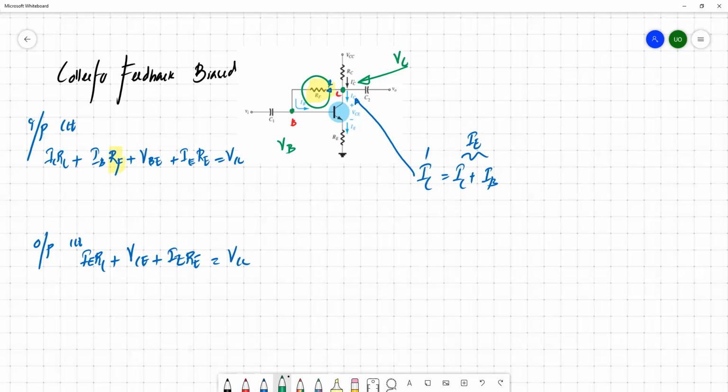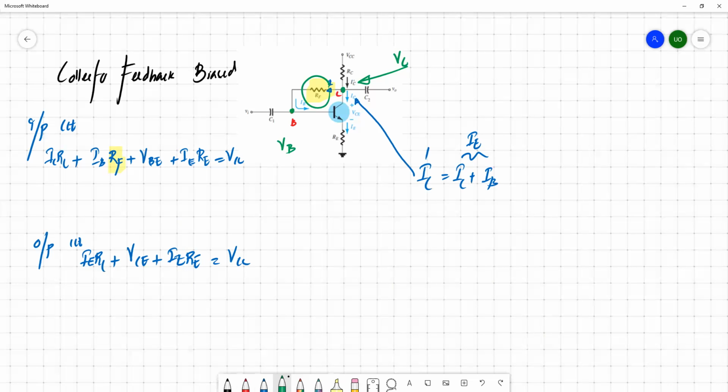So this is again a kind of stable feedback mechanism, and we can use this collector feedback mechanism commonly in our biasing circuits. By applying Kirchhoff voltage law and Kirchhoff current law for the input and output circuit, you can build a couple of relationships, and based on those relationships you can evaluate the set of resistors.